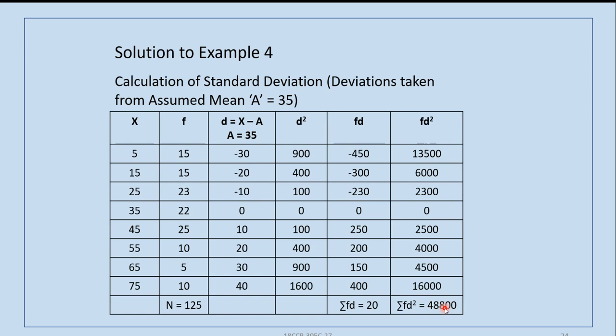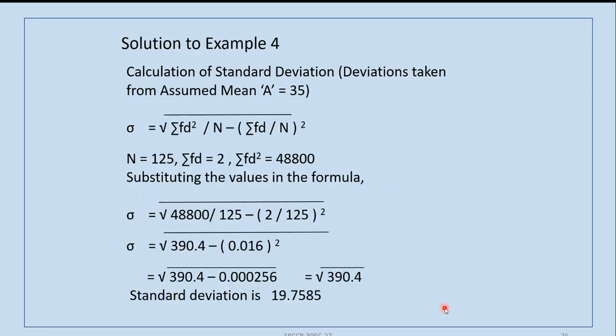So we require three values: n is equal to 125, sigma fd is equal to 20 and sigma f d square is 48,800. With these values we will calculate the standard deviation.